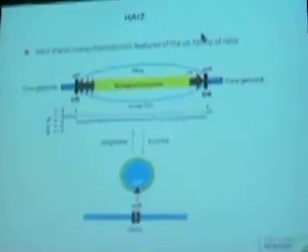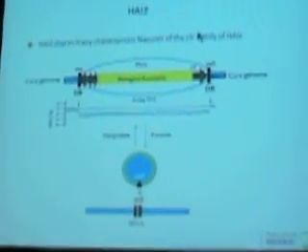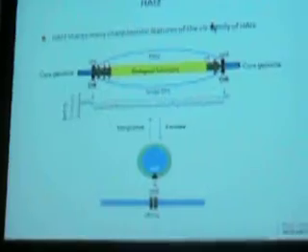HAI2 shares many characteristic features with the CLIC family of horizontally acquired islands. These CLIC family of horizontally acquired islands have been found in many pathogenic and non-pathogenic bacteria. Moreover, all CLIC family of horizontally acquired islands share many similar characteristic features, such as they are all located at certain locations in a chromosome, like tRNA sites.